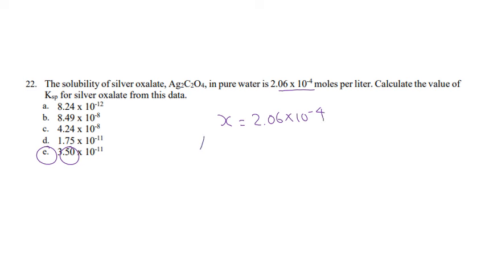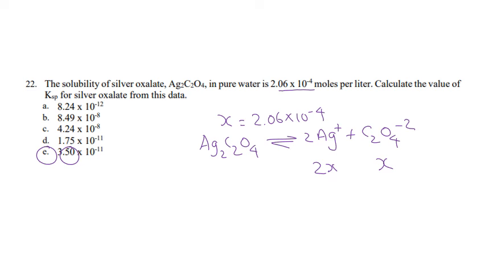And now we should know how many ions it is going to produce in the solution. So that means it will give us 2 Ag ions and 1 oxalate ion, correct? So 1 oxalate ion and 2 Ag ions. So here that is going to be 2x, and this is going to be x.